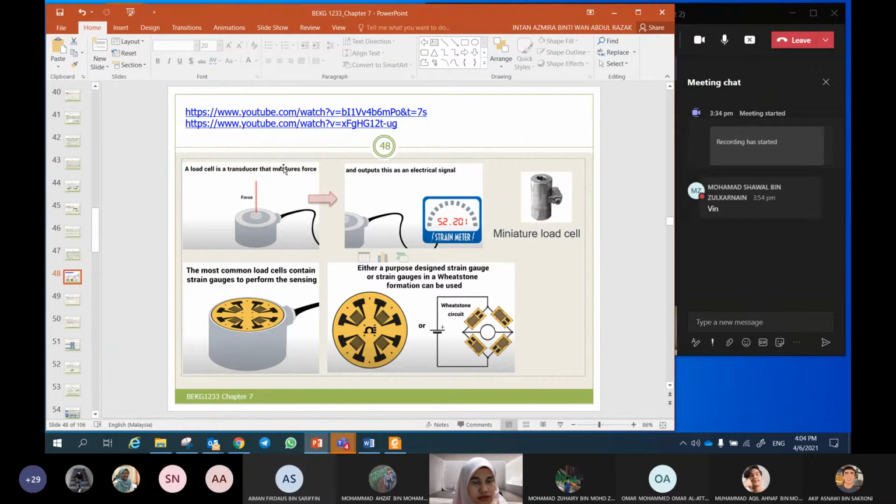How a load cell operates, using strain gauges. A load cell is a transducer that measures force.